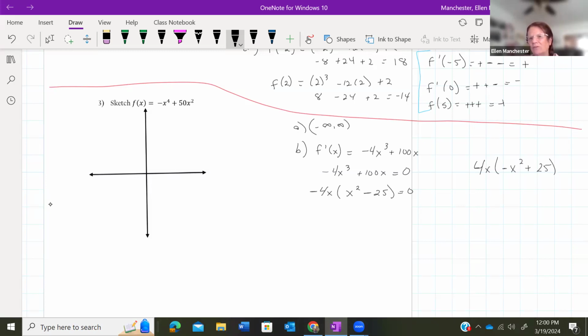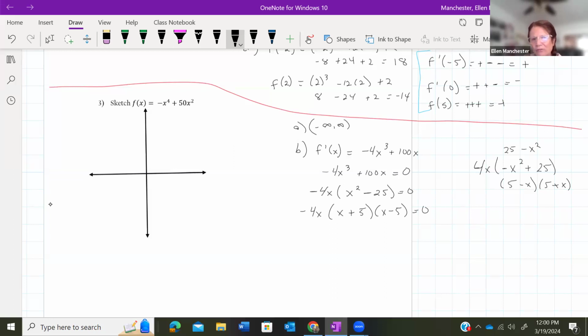It's just now, if you rearrange this, you'd have 5 minus X and 5 plus X. Well, over here, that negative 4X is part of it. I have X plus 5 and X minus 5. You'd end up with the exact same answer. I just don't want to deal with the negative in the front. So that's why I factor out the negative first.